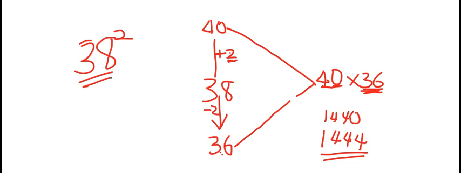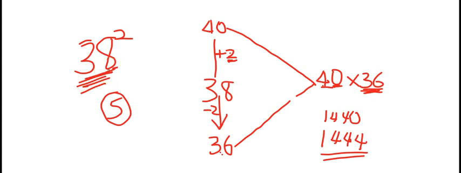What we did right now is this. We want to square 38. We look at 38, its closeness to the tenth digit, and because the 8 over here is greater than 5, we go with the up-down method. We move it up to the closest tenth, and that is 40.